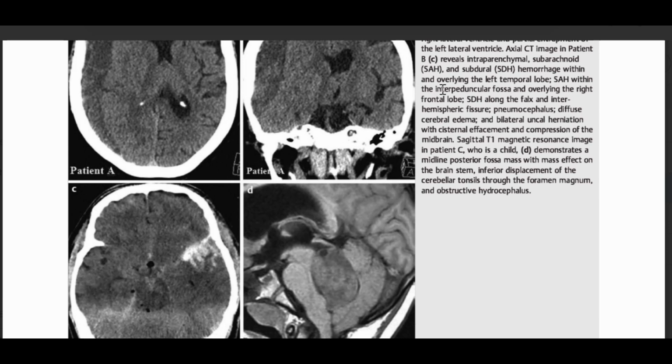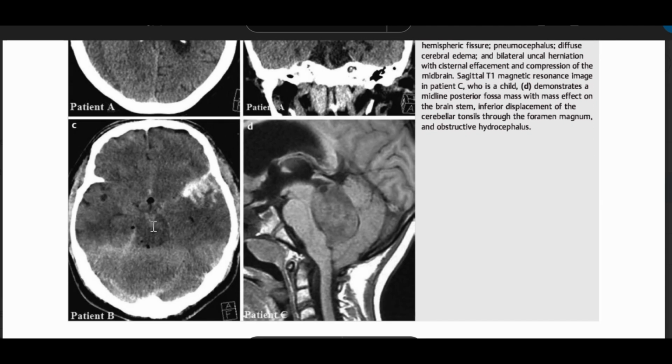Subarachnoid hemorrhage within the interpeduncular fossa. As you know, this is the midbrain, and these are the peduncles of the midbrain. Between the two cerebral peduncles of the midbrain is the interpeduncular fossa.